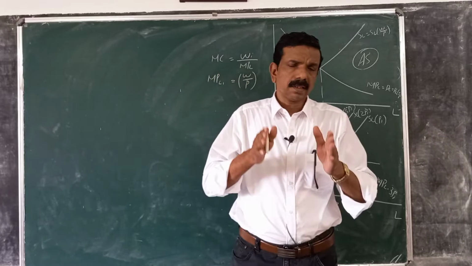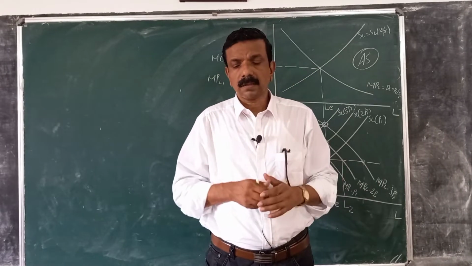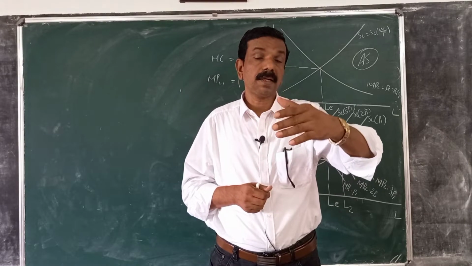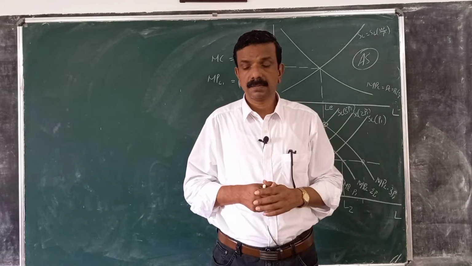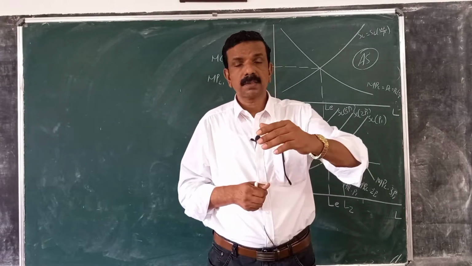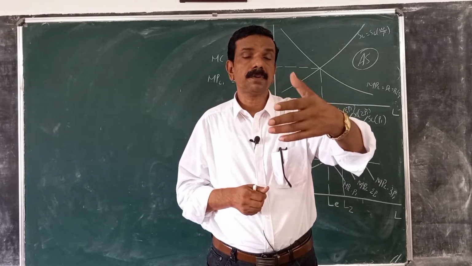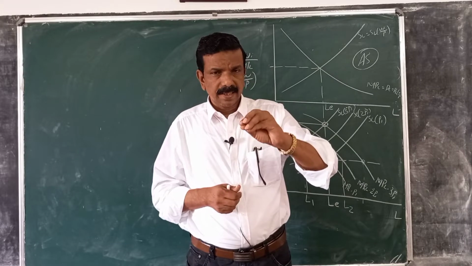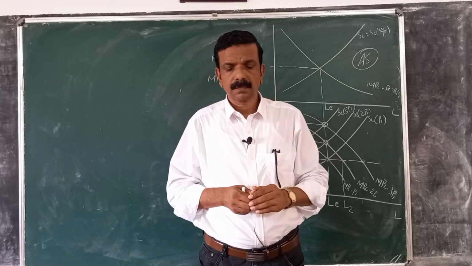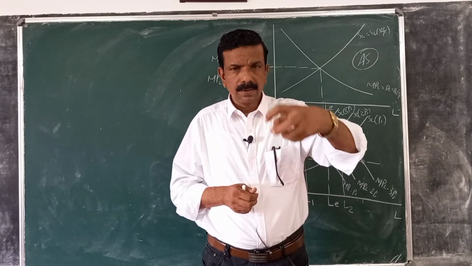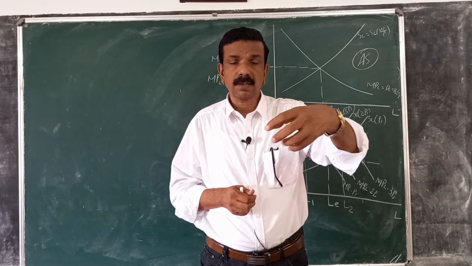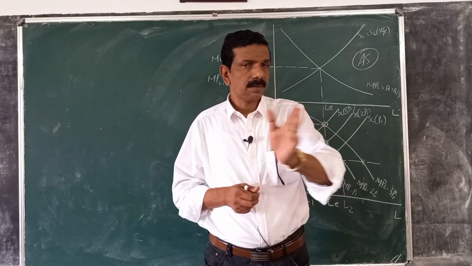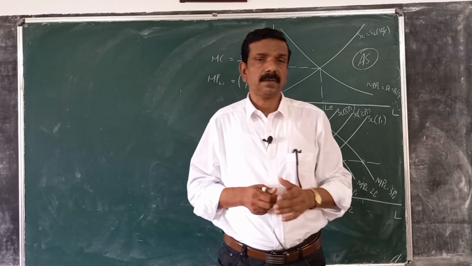But when we construct the aggregate supply curve for the economy as a whole, we cannot assume that money wage W is fixed as output and labor inputs are varied. We can assume that W is fixed in the context of an individual firm, but this is not true for the economy as a whole.